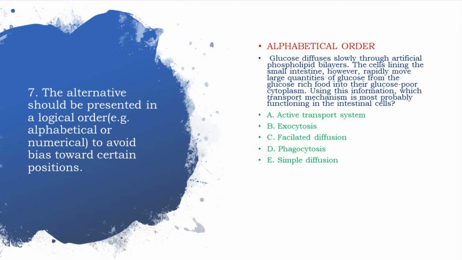So you can see that the order of the alternatives also has to be logical. You cannot all the time keep the correct answer in the third position, so the student will guess it and they will try to mark the third option as the right answer. So you have to keep on changing. It has to be randomly placed.